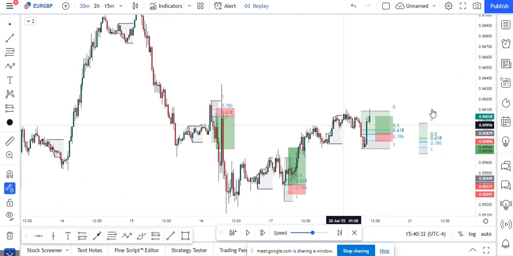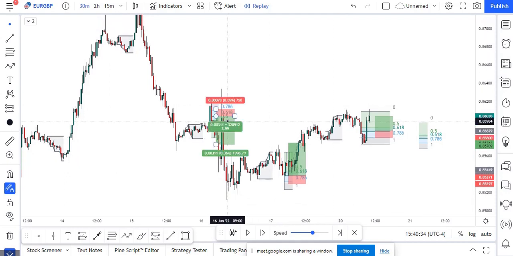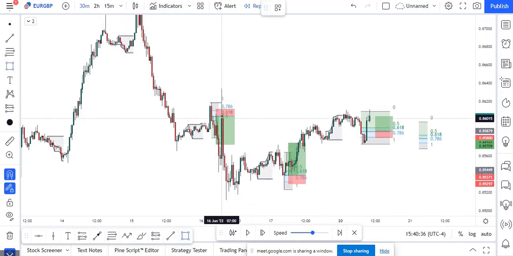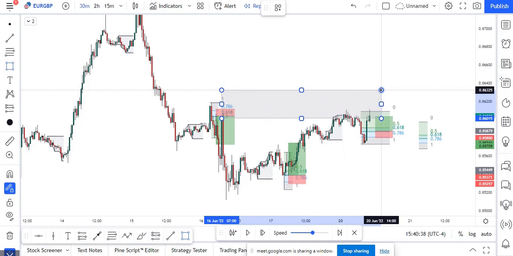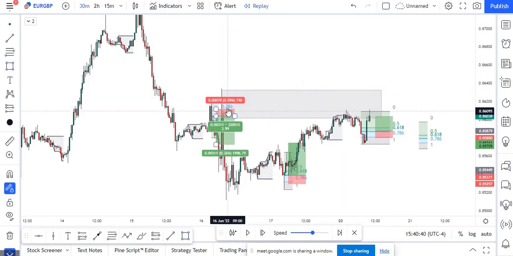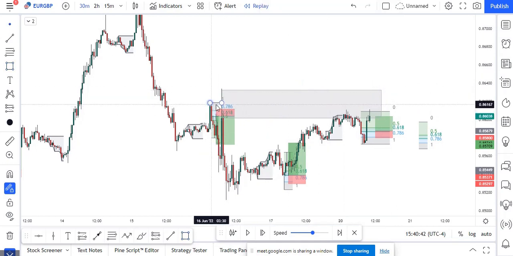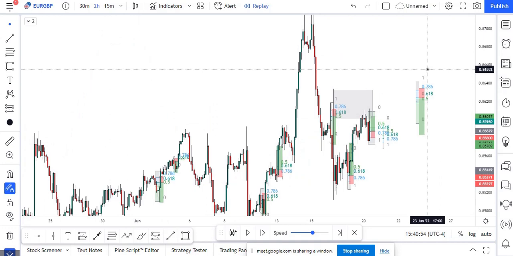That was the wick. So we had this specific wick right here. See how it grabbed the liquidity right here. It broke the structure and it has momentum right here within this range. So we can consider this the hidden order block, and we have our higher time frame zone as well.